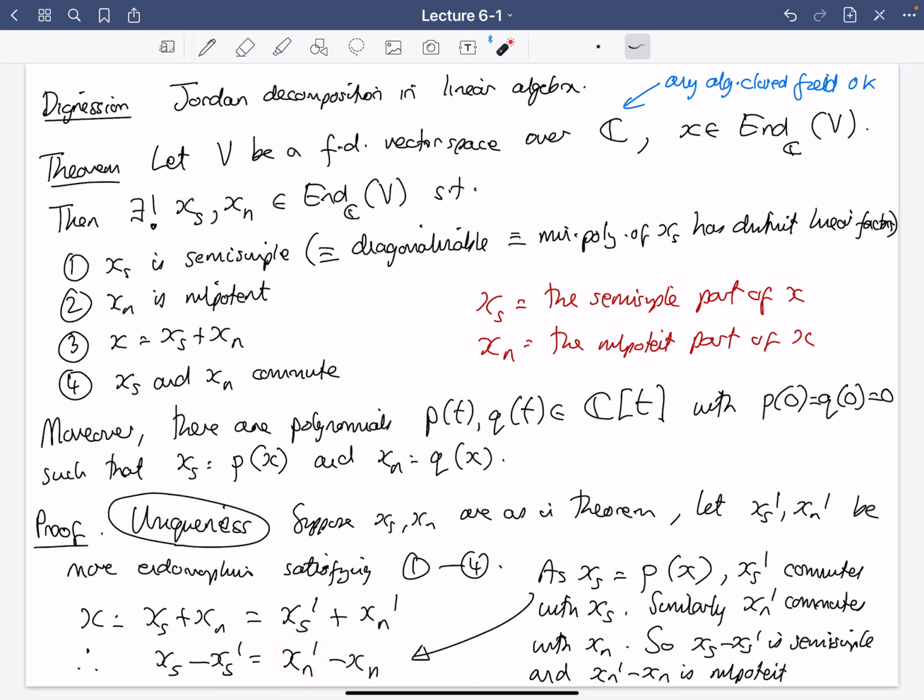But you need that they commute to see that. We've used that before. Okay, so now we've got a semi-simple matrix and a nilpotent matrix, but the only matrix which is both diagonalizable and nilpotent... Nilpotent means all its eigenvalues are 0. It's also diagonalizable, so it must be equal to 0.